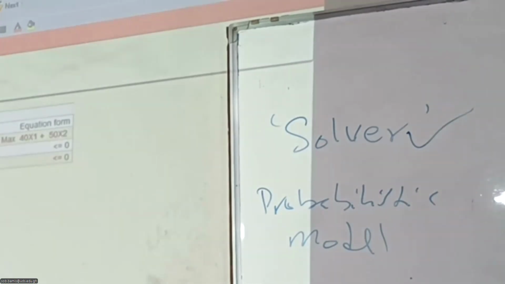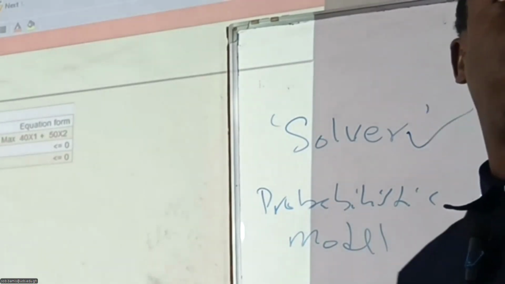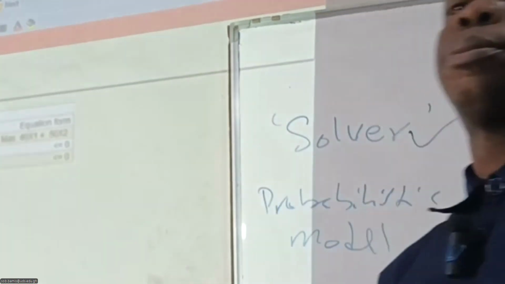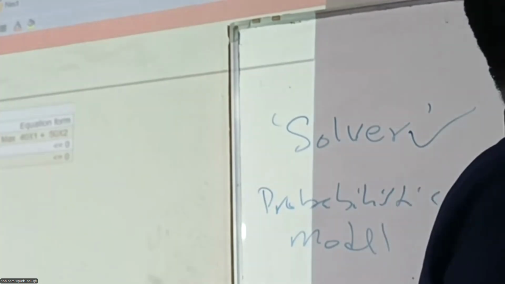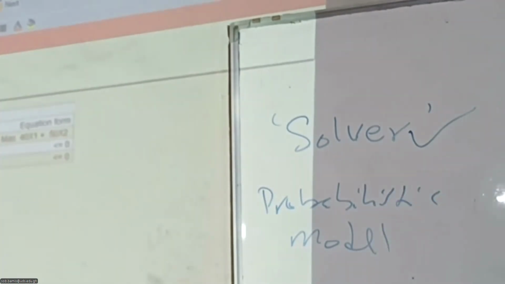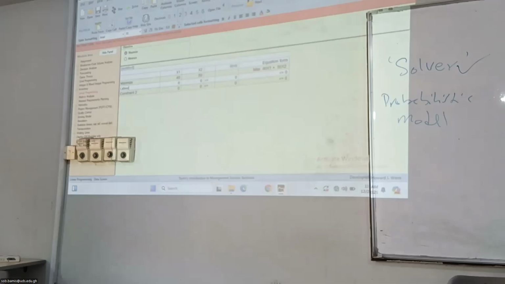Now, the first constraint is what? So constraint 1, click on it and change it to labor. So just type labor there. Now, if you look at that equation, this is that particular equation.